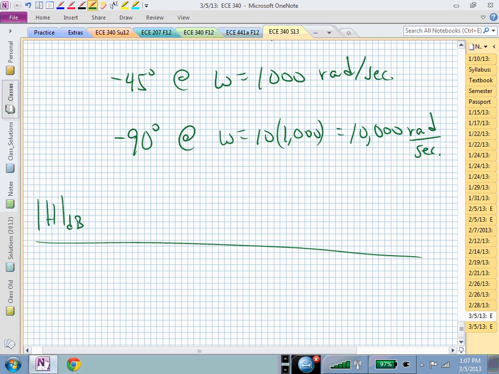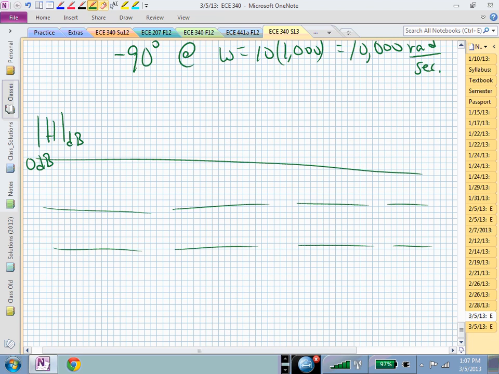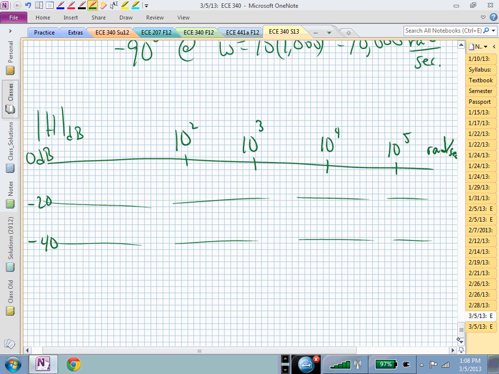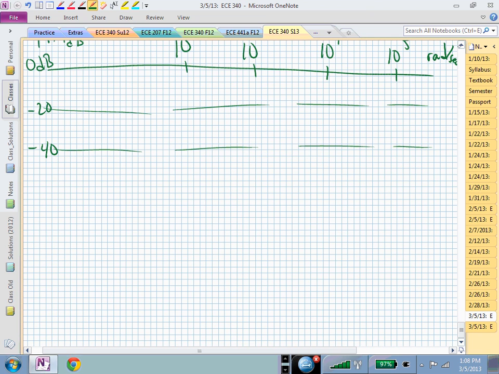My H, if this is now 0 dB, this is now, let's say, minus 20 and minus 40. I need to simply identify some frequencies of interest. For the magnitude, I really only have to worry about the break frequency and later.